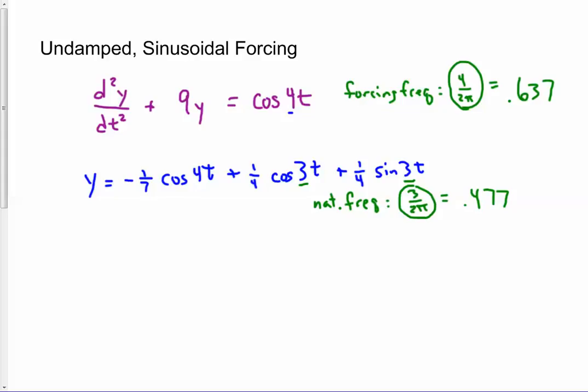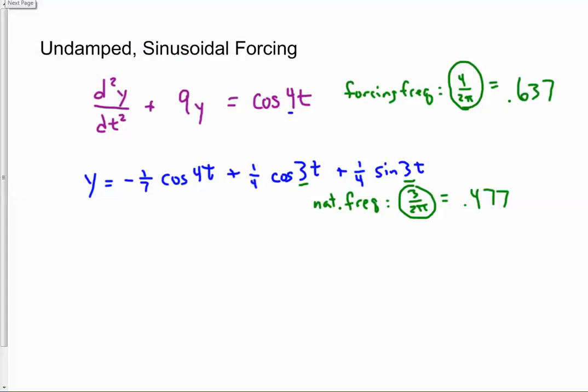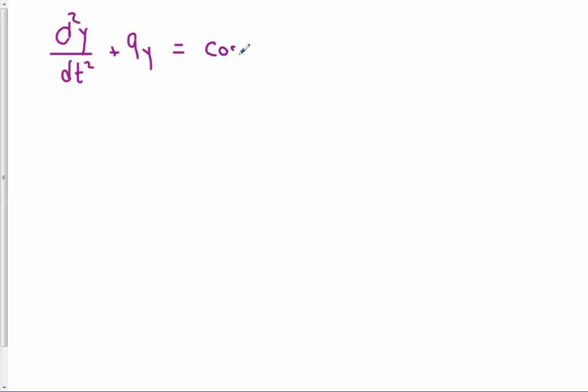Okay, so to answer that question, let me rewrite the differential equation. But this time, instead of cosine 4t, I'll put cosine ωt, where ω can be any number.